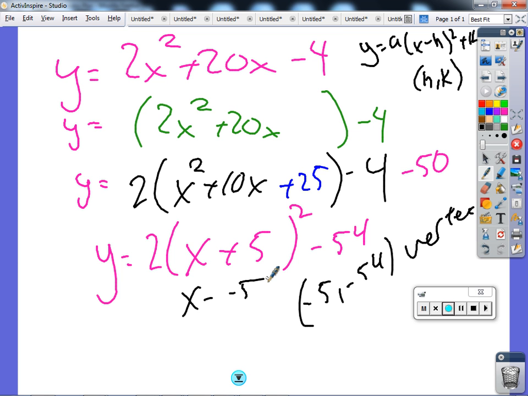So therefore, what is after the minus sign? Negative 5. Does that make sense to you? Anything on the inside of your parentheses is opposite of what you see. Didn't we do shifting with you guys? Did we talk about parent functions and shifting? Well, we'll get that here.